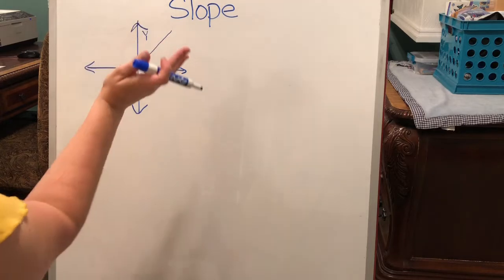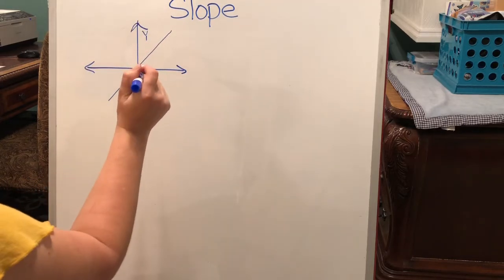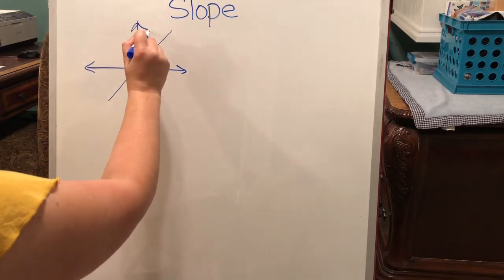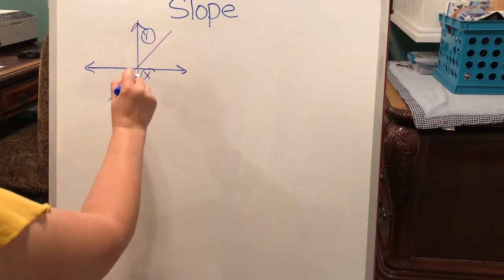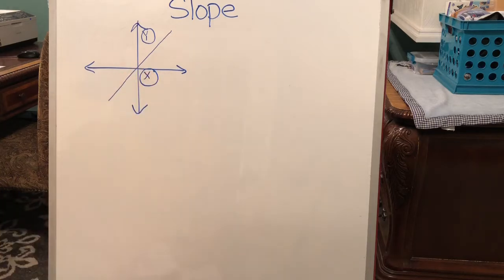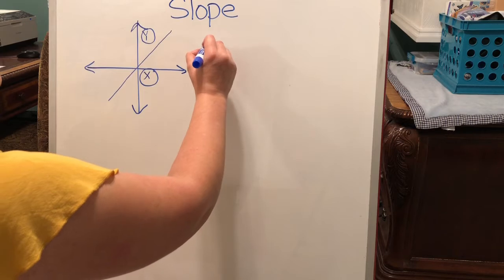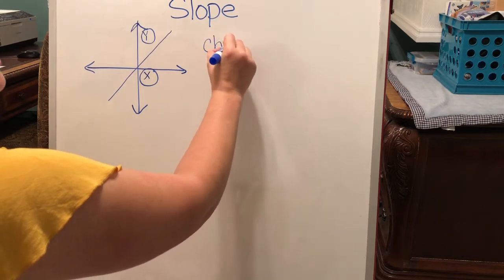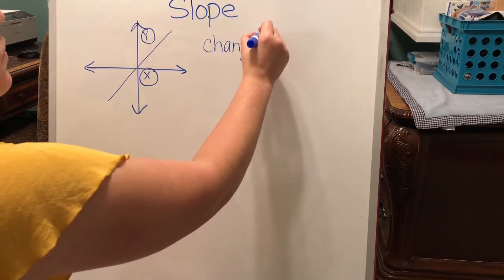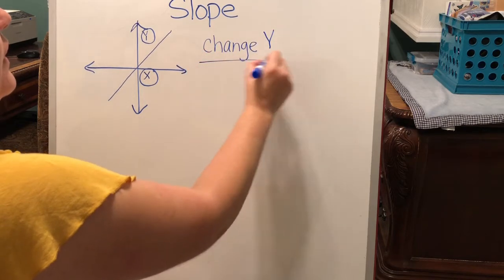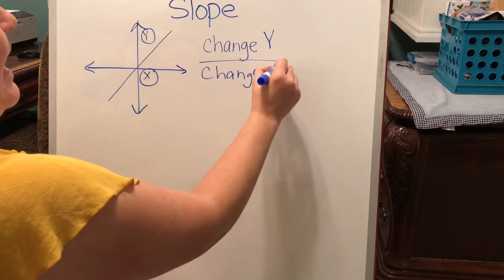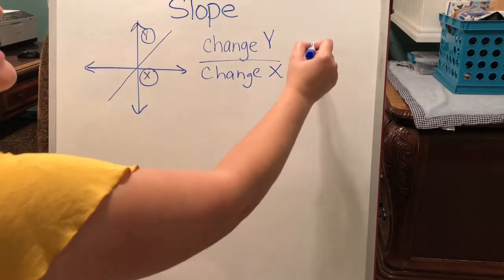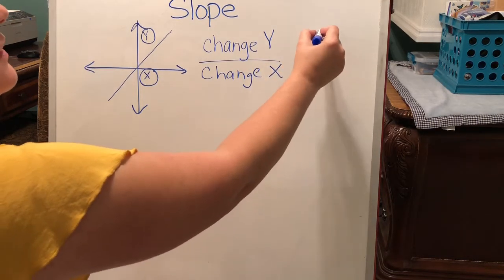If it leans to the right, we want to say, okay, how quickly is y changing in comparison to how quickly x is changing? And that's really where we get the slope from. So we can identify slope as the change in y over the change in x.